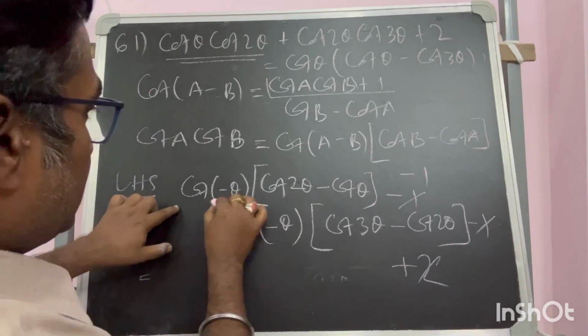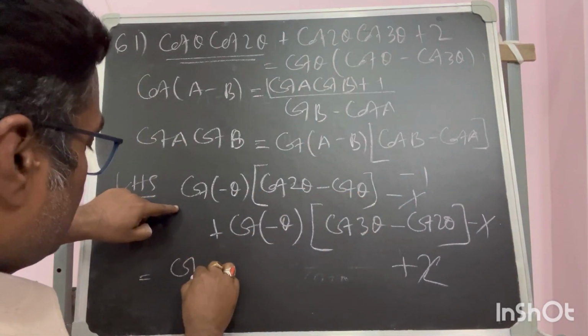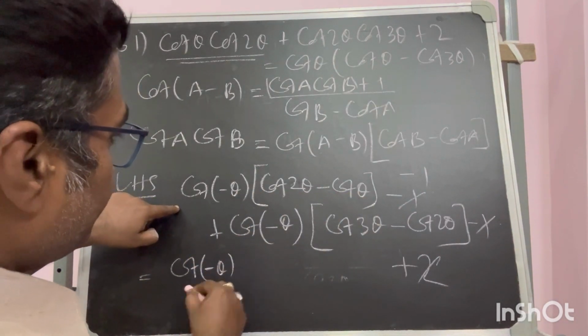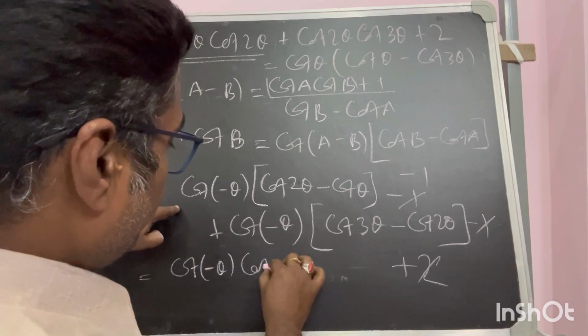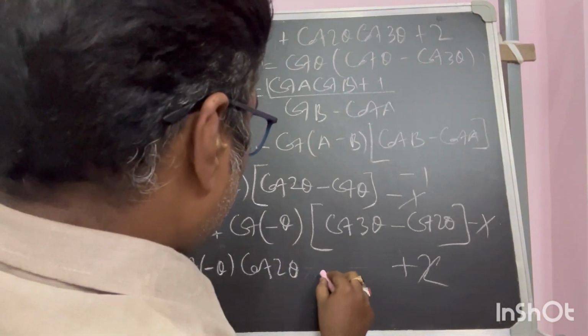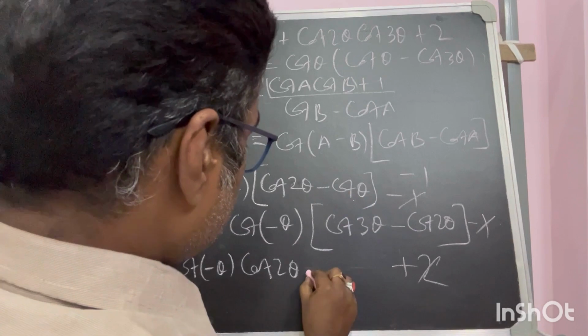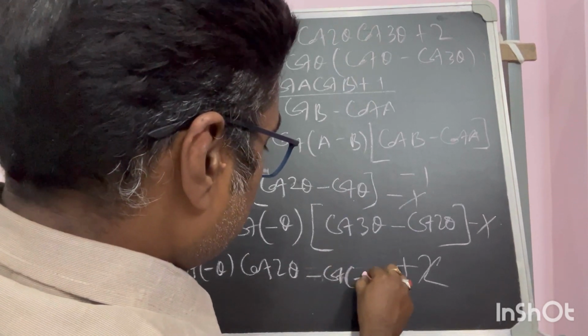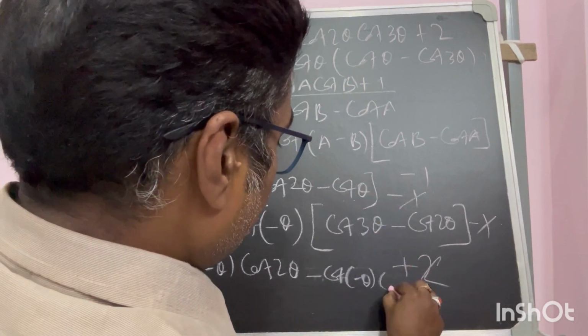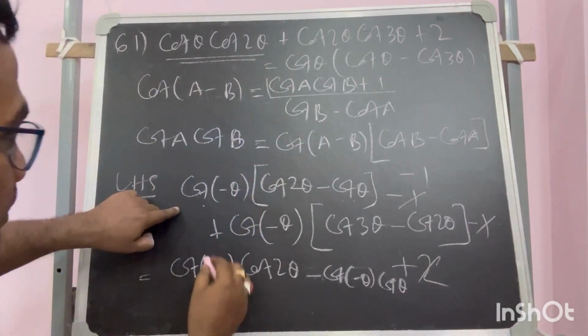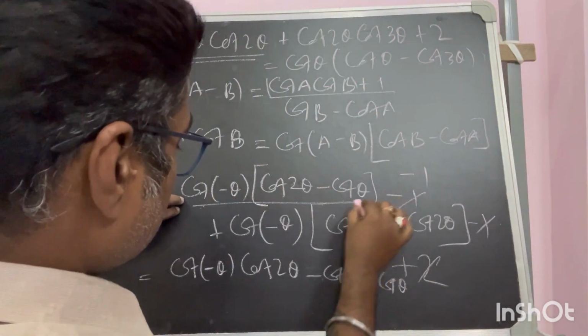Now multiply this. This will be cot of minus theta into cot of 2 theta, then this into this, cot of minus theta into cot of theta here. This part is over, this part is over.